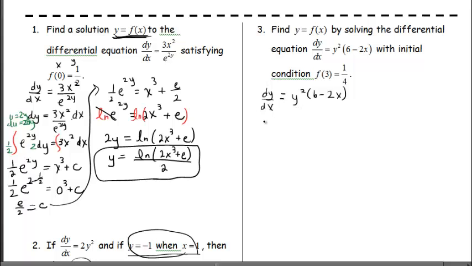Let's separate the variables. Divide both sides by y squared. So actually, it looks like that last problem that we just did. Let's go ahead and pull up the y squared.